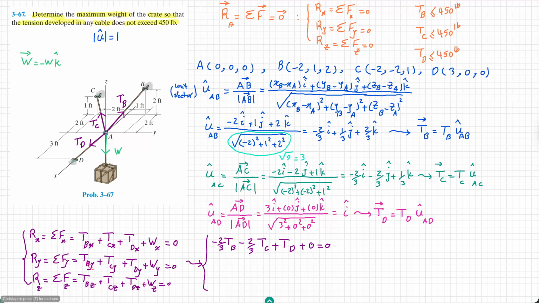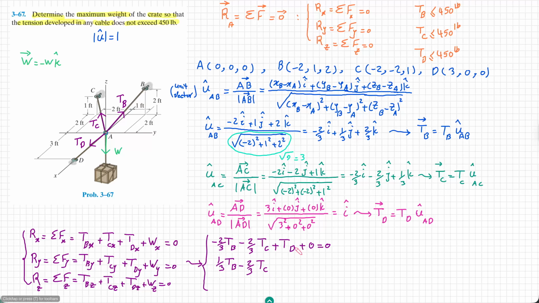And for TBY, it is the y component of u hat, that is 1/3 of TB. The y component of TC is negative 2/3 of TC.